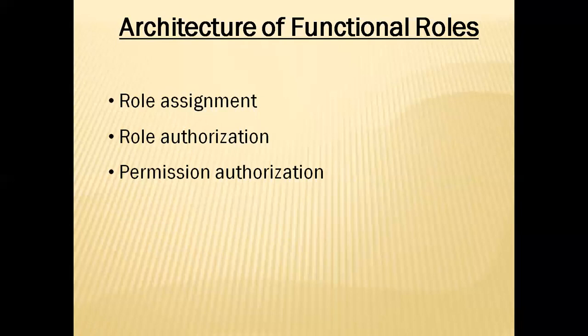The next one is role authorization, wherein a user's active role must be authorized for the user with the rule of role assignment. This rule ensures that users can take on roles for which they are authorized. I'll explain it to you in the next slide.